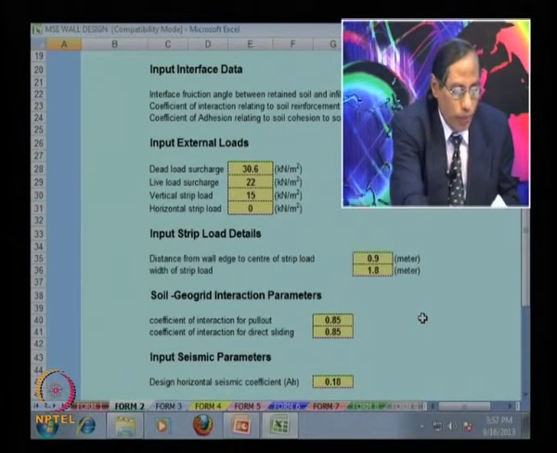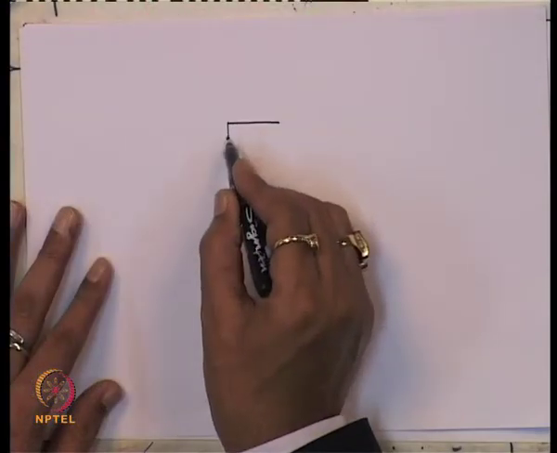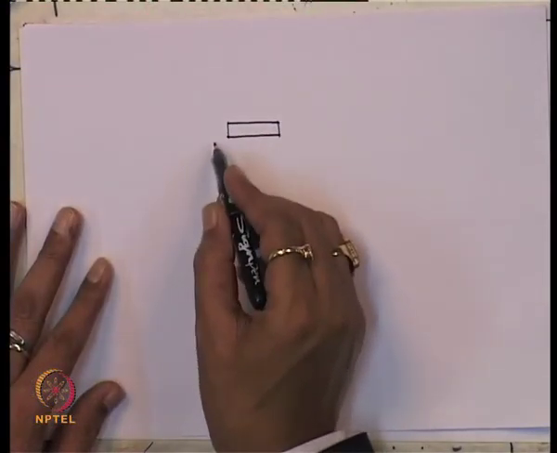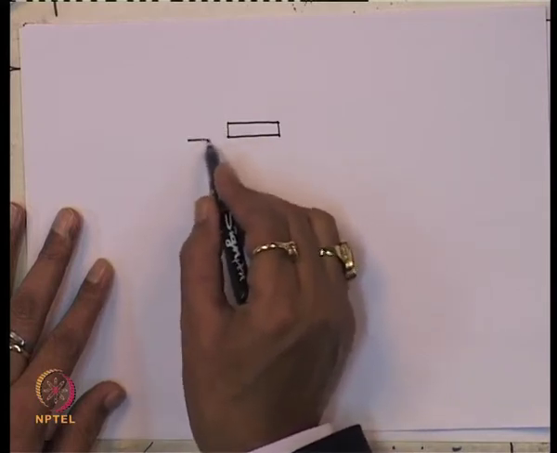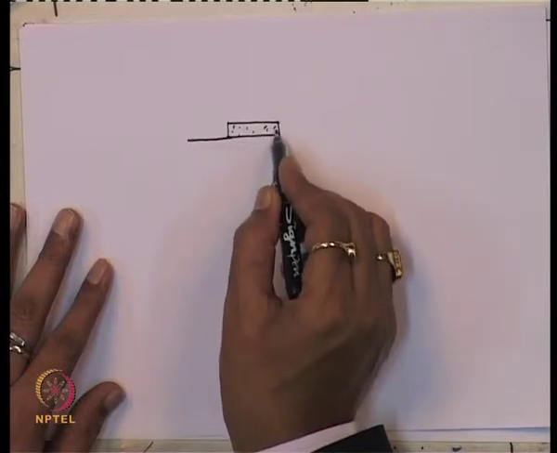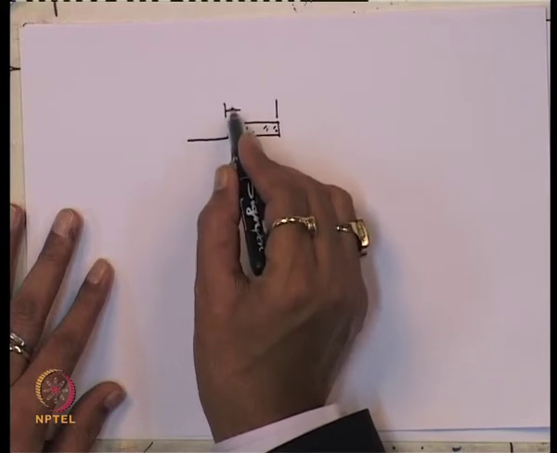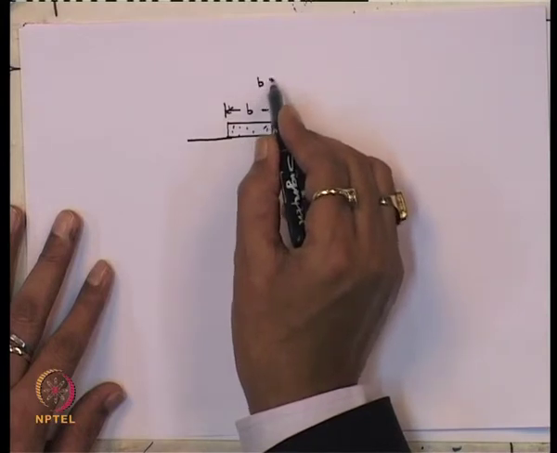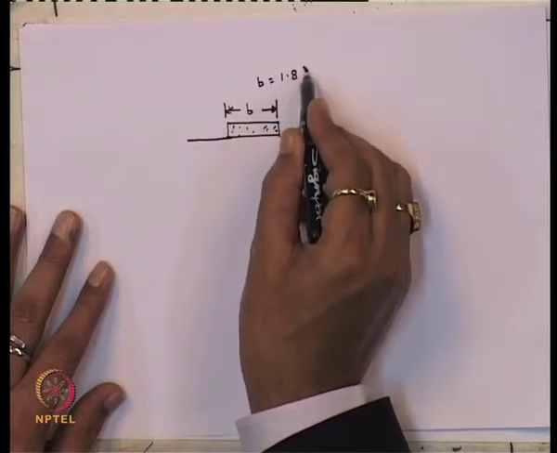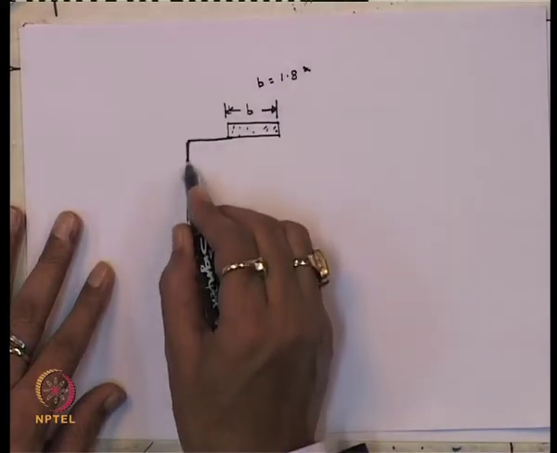I am showing you that, so it is like this. And this is B, this B is 1.8 meter, and this is the wall.